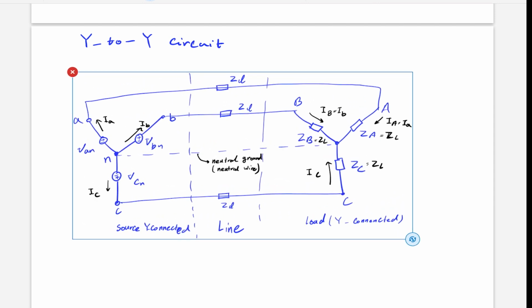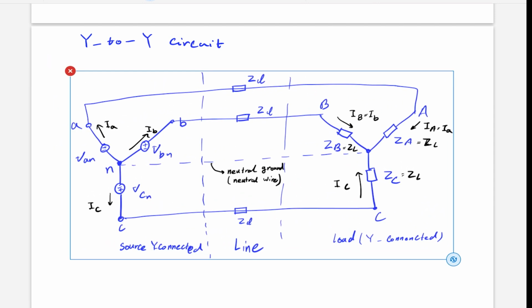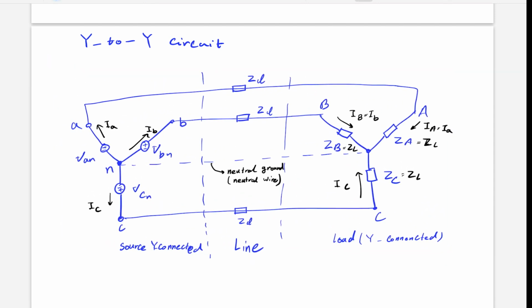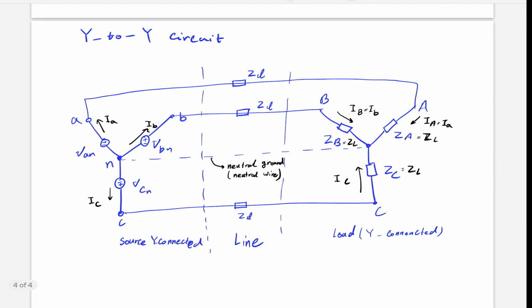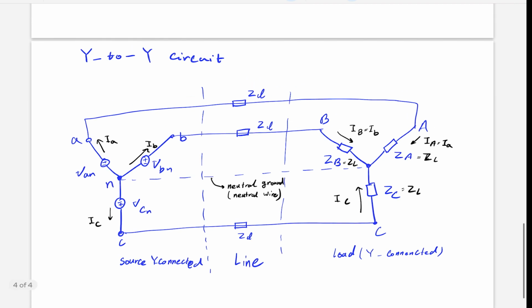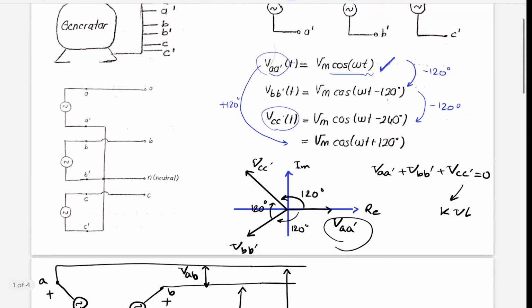Now, I want to show you another thing, and that is the Y to Y circuit. Let's bring it down here. I have already sketched it. So here you can see this part is our source, which we had in this section.